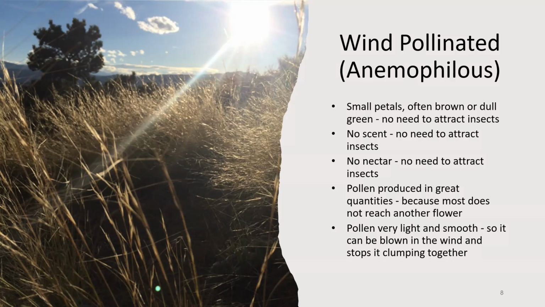The strategy here is that wind-pollinated pollen doesn't stick to things, and mostly not to each other. So the pollen doesn't clump up, but it can be scattered. And so these are strategies for wind pollination.